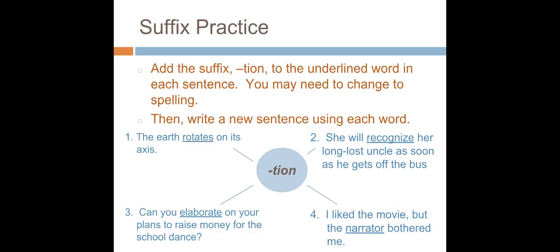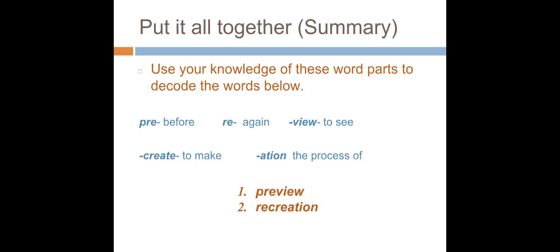So if I take the suffix es, which makes it plural, or in this case makes it a present noun, I'm going to take that off and I can add a shun to it. So the earth rotation, okay, I could say the earth's rotation gives us day and night. Now you pause to do 2 through 4.